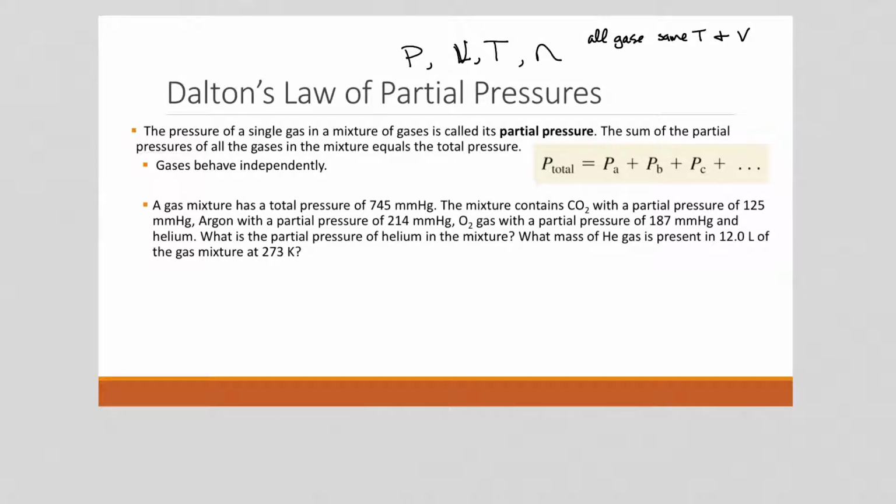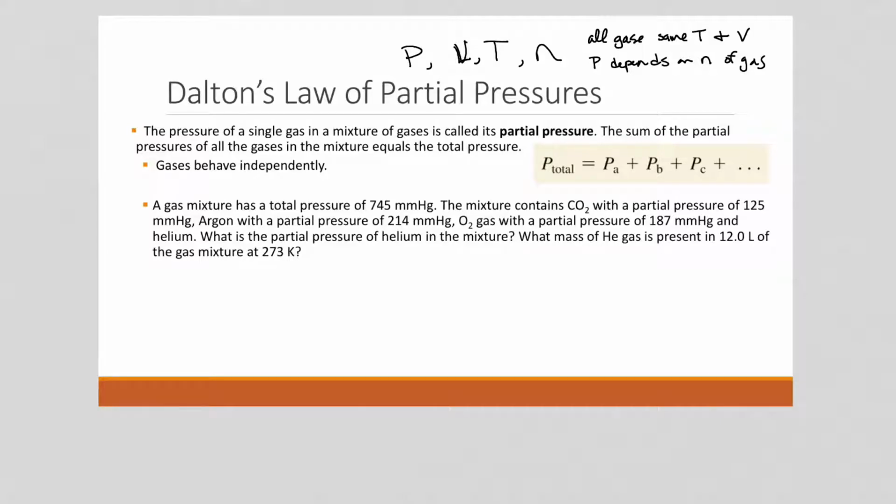The pressure depends on the moles of gas. So let's say we have a mixture of gas and 50% of the moles are oxygen, 50% of the moles are nitrogen.